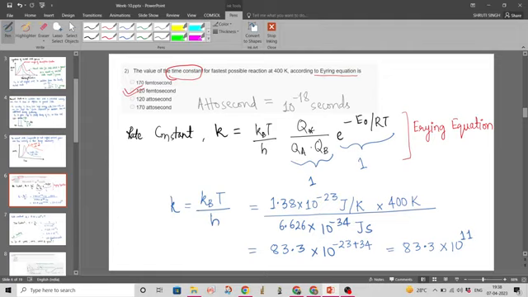So we have not gone to attoseconds yet. We are in the ultrafast regime where it is femtoseconds.